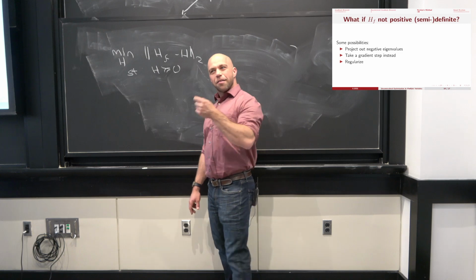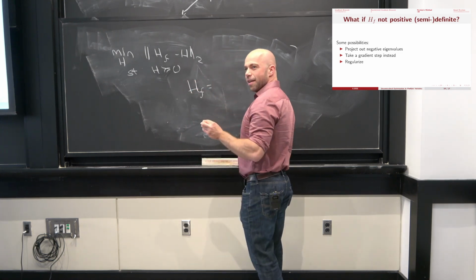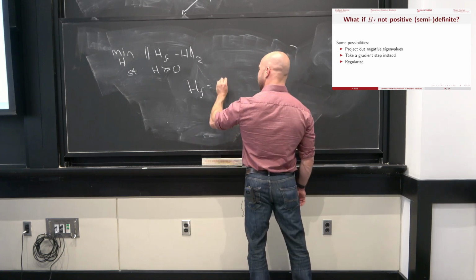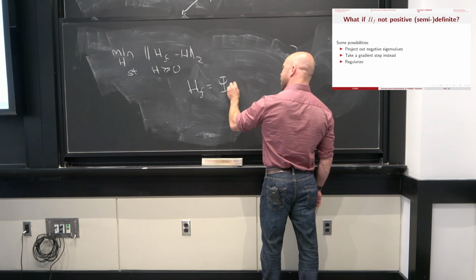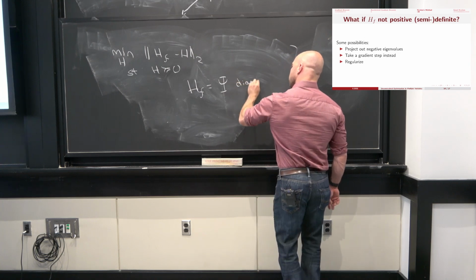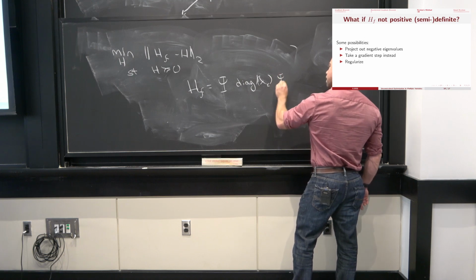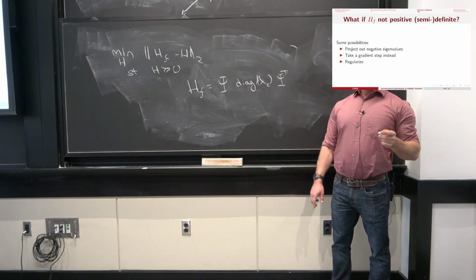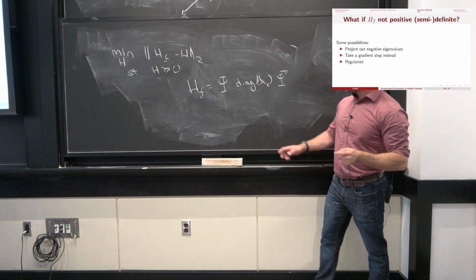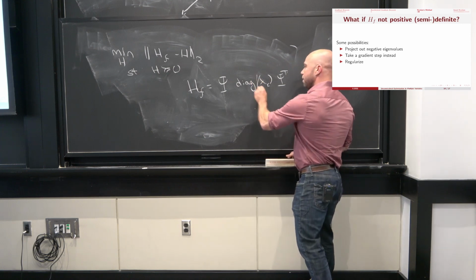Pretty close, yeah. If you write HF in the eigenvalue decomposition, then it's going to be the eigenvectors times the diagonal of the eigenvalues times this guy. I always confuse which one of these things is transposed, but up to transpose, yeah.